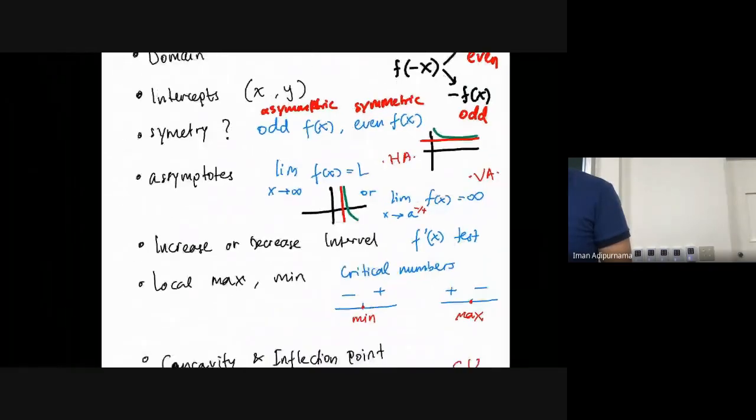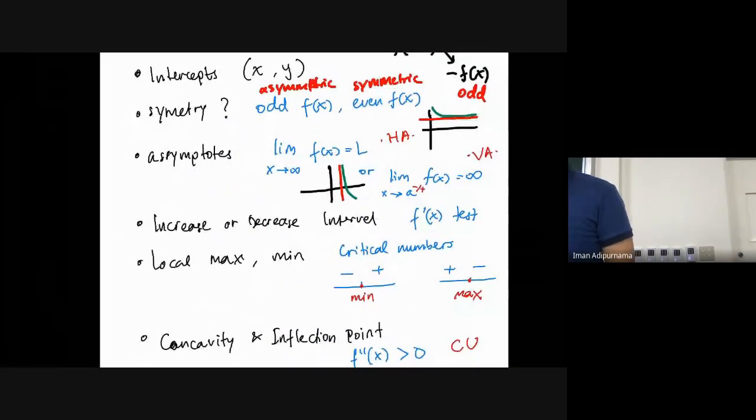After dealing with the asymptote, you're dealing with the first derivative. You check whether the function is increasing or decreasing. So this is the f prime test.